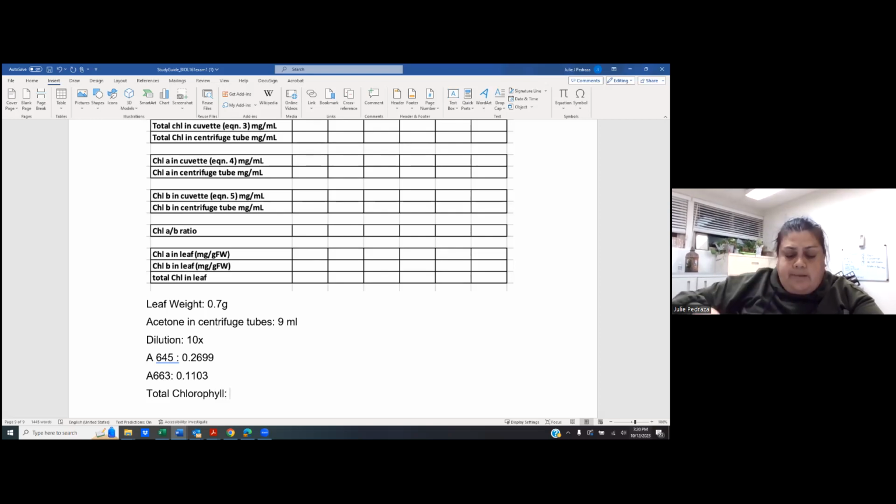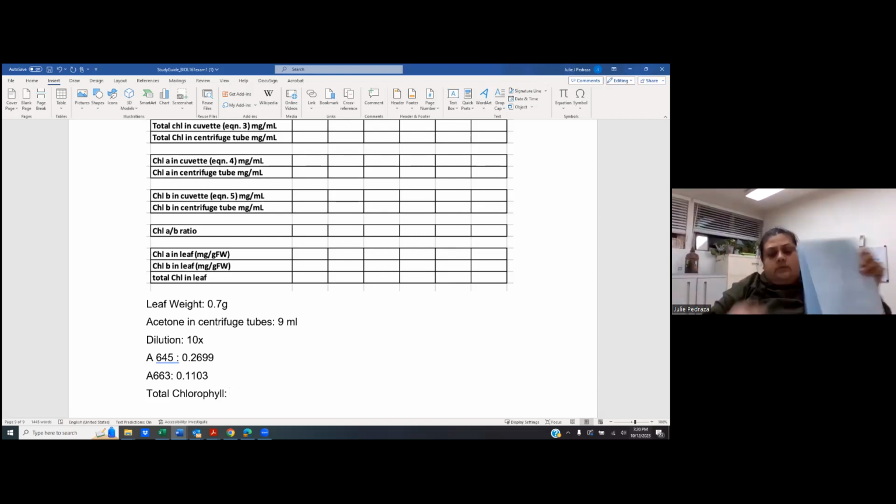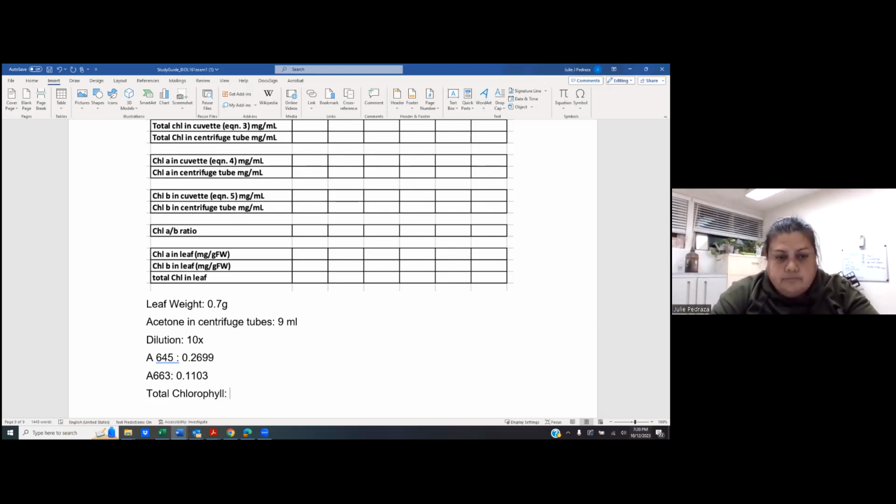Which the equation is coefficient. And I'm going to give this to you. You don't need to memorize this.